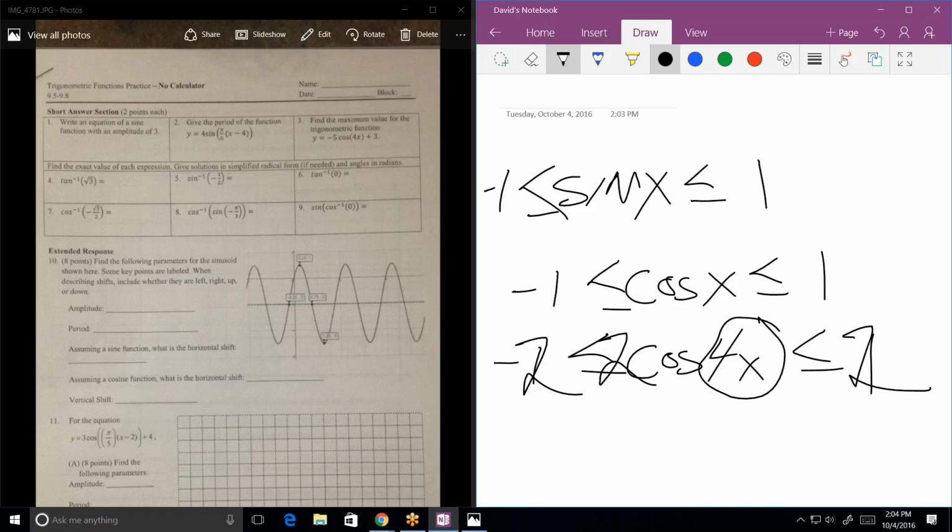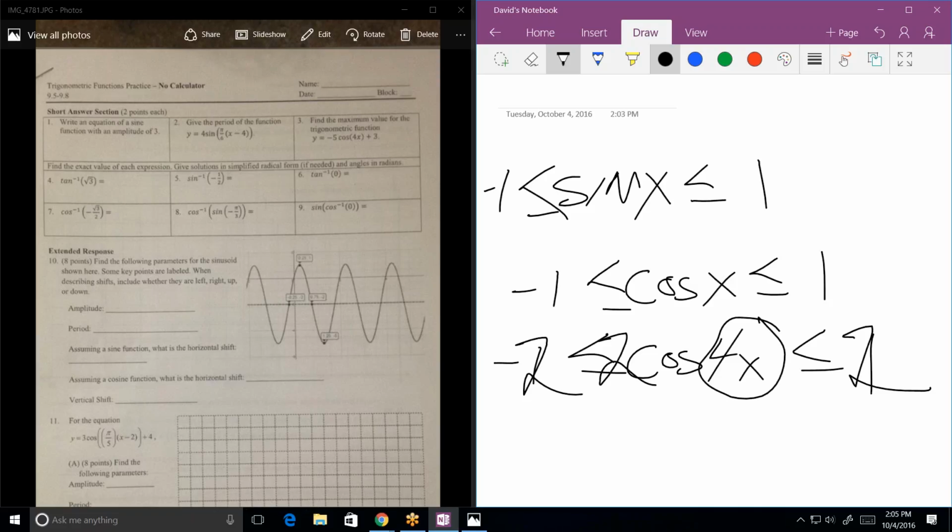And so if I'm looking for the maximum value of this function, I want the cosine of 4x to be -1, because -1 times -5 is +5. I don't really want the cosine of 4x to be 1, because then I'd be multiplying it by -5, and I'd have -5 plus 3. That would be -2. That's not a maximum value.